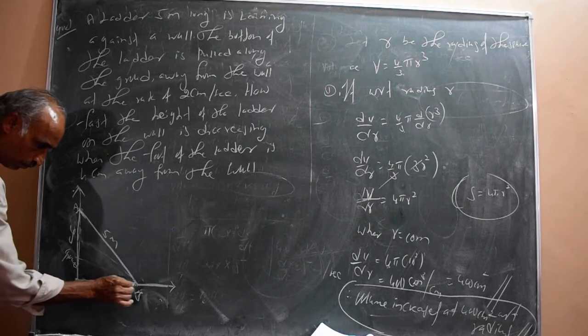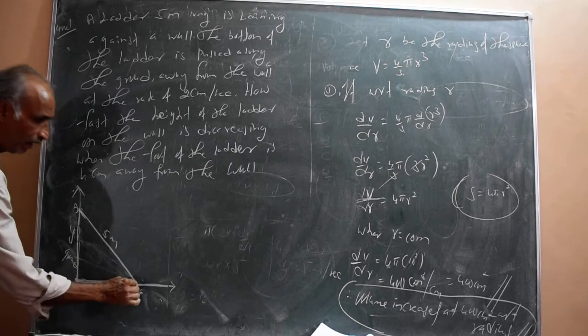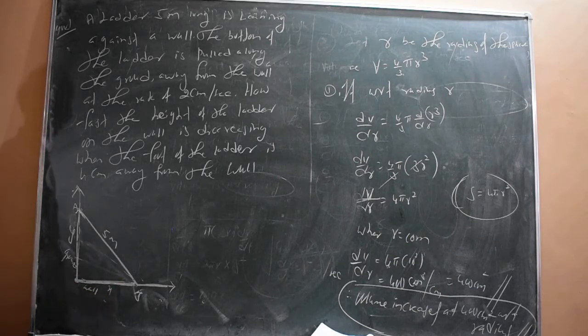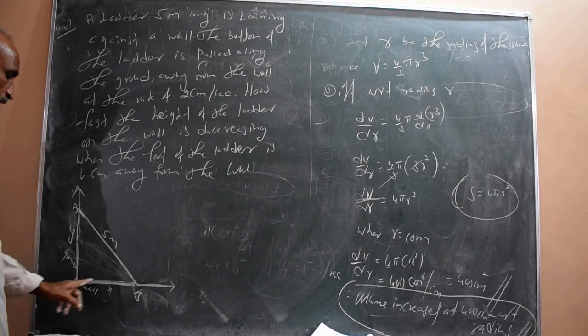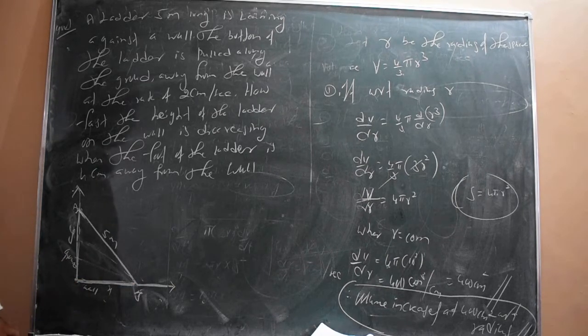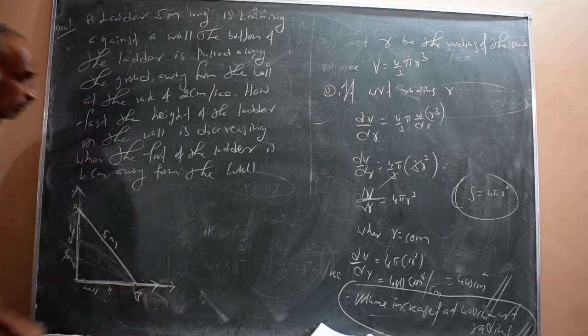So this is the one perpendicular distance between the wall and the ladder. Always, distance between the lines, distance between the plane and the line, etc., that perpendicular distance should be taken. Let X be the perpendicular distance between the wall and the bottom of the ladder. Okay. So actually what happens, the bottom is pulled out.